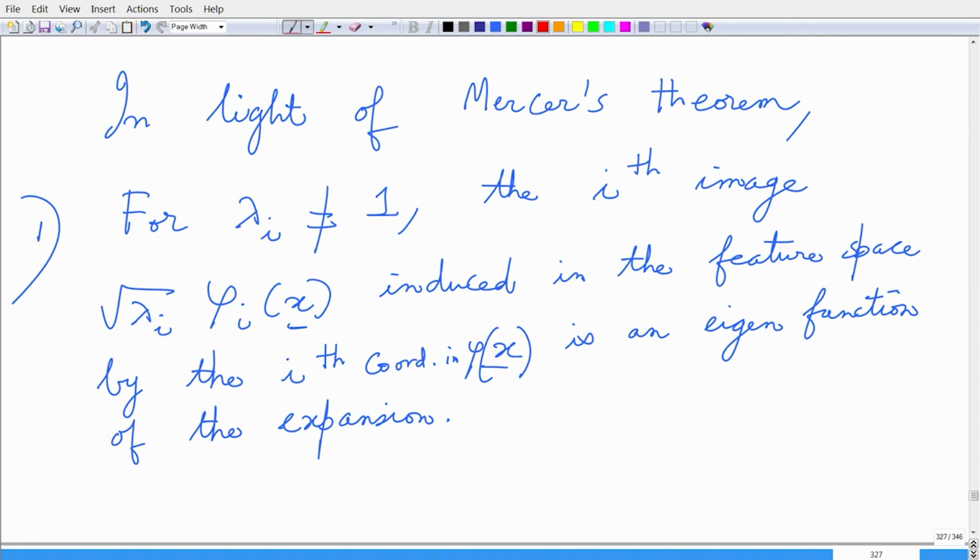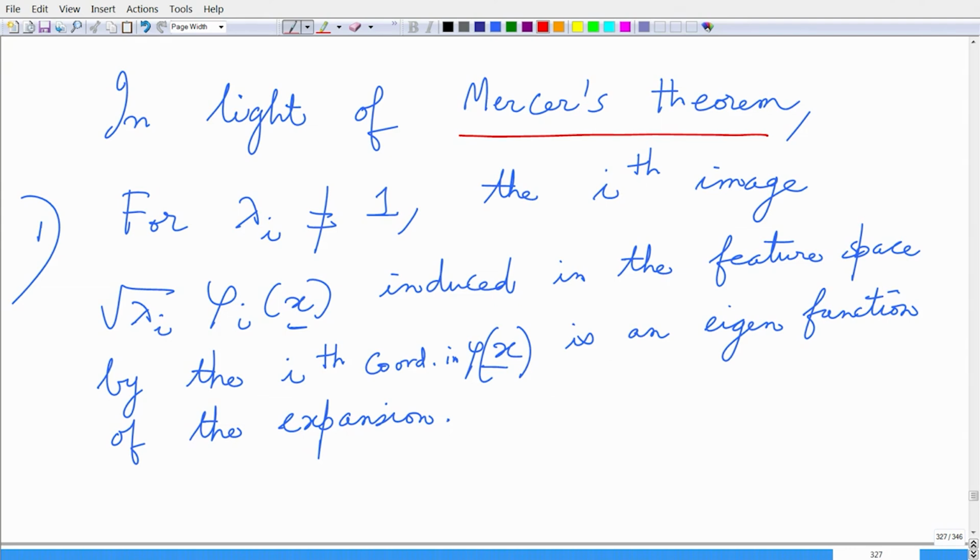Now, what is the link with Mercer's theorem and what we are trying to do here with these inner product kernels? In light of Mercer's theorem, for lambda i not equal to 0, the ith image, root lambda i phi i of x, induced in the feature space by the ith coordinate in phi of x.